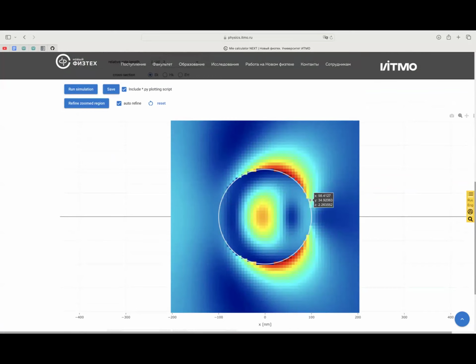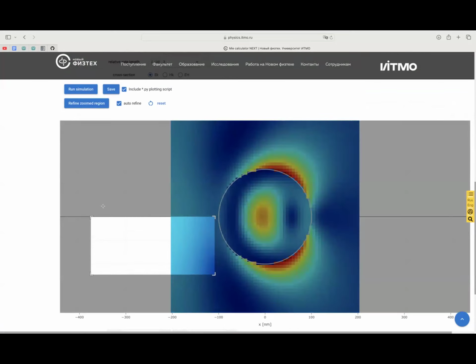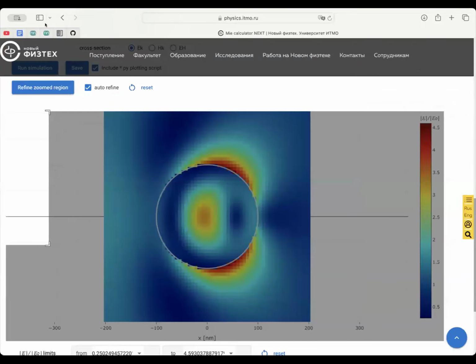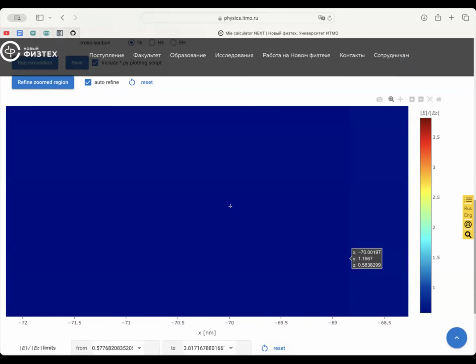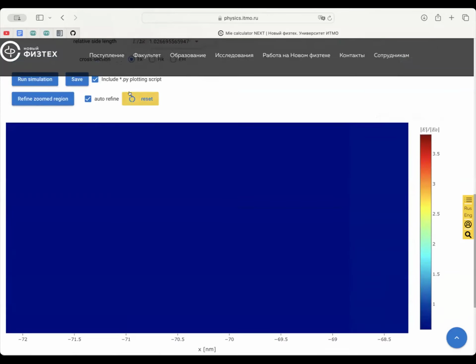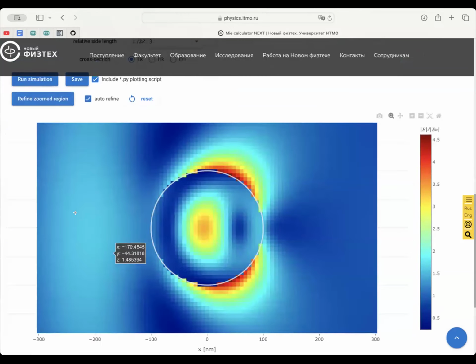We have some asymmetry to this side because the wave is incident from left to right. Oh, I broke everything once again. Because of this, we have some asymmetry here.